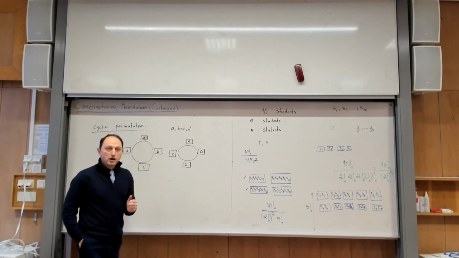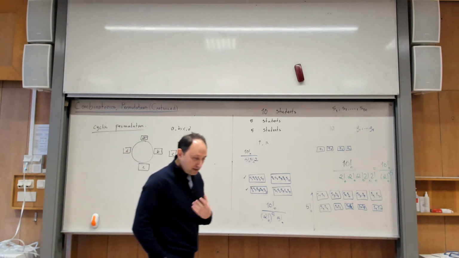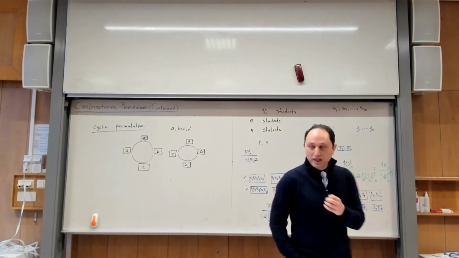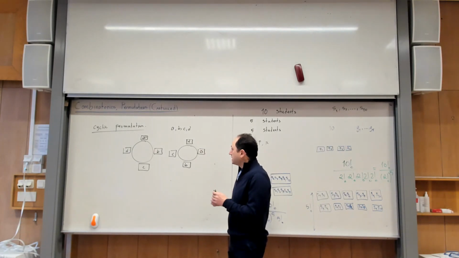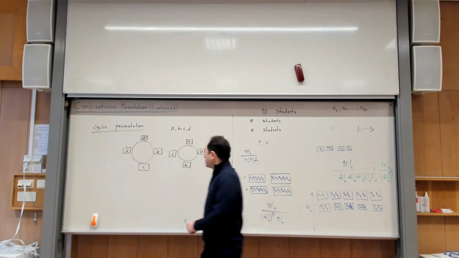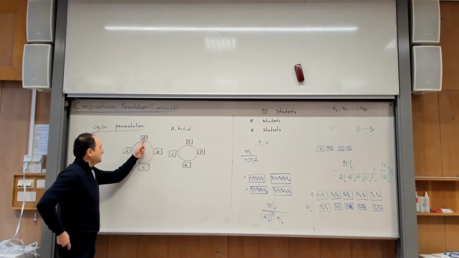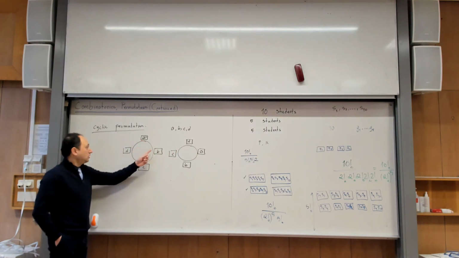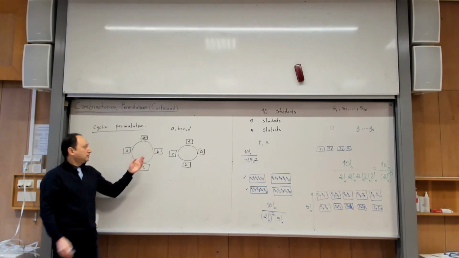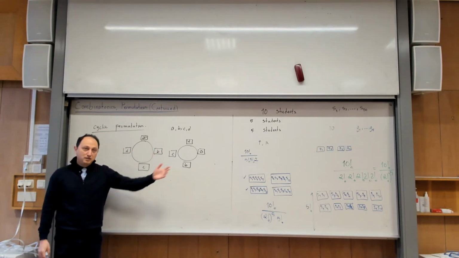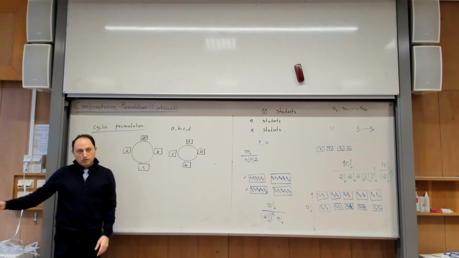But if I tell you that what matters to me is not the real seat they are taking, the only thing that matters is the neighbors. If I ask you who the neighbors of A are, they are B and D. Looking from above, B is the left neighbor and D is the right neighbor.